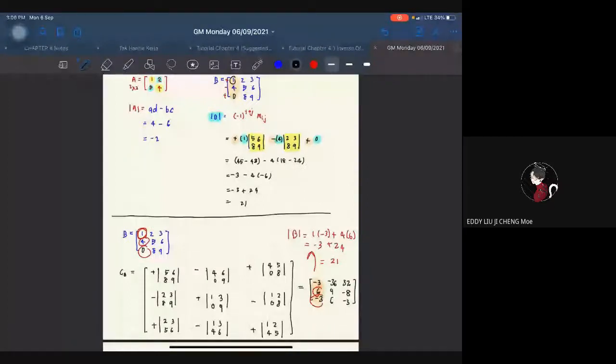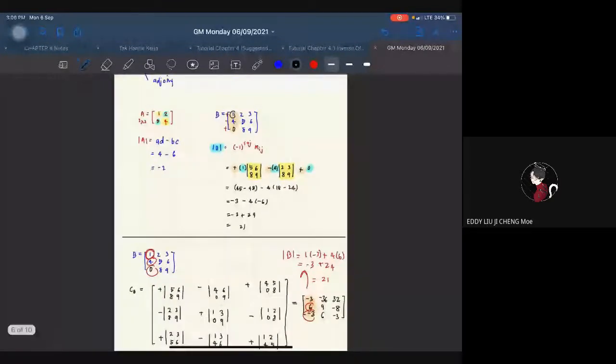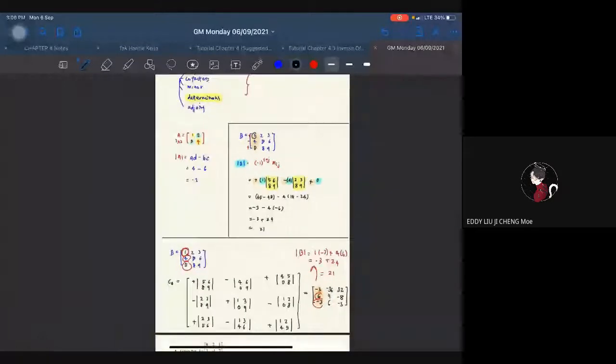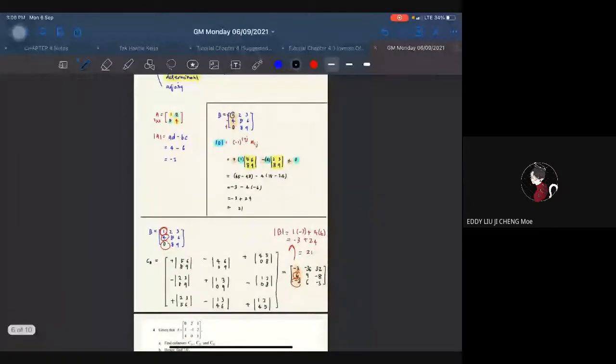Ni adalah lagi satu cara untuk awak cari determinant. Okay, boleh nampak tak cara ni? Dua cara berbeza ni. Semua orang okey ke? Boleh ke? Boleh, Miss. Okay, so dua cara ni adalah cara yang berbeza untuk awak cari determinant. Cara yang pertama is much easier. Biasanya memang kita akan guna cara yang pertama bila soalan minta kita cari determinant.